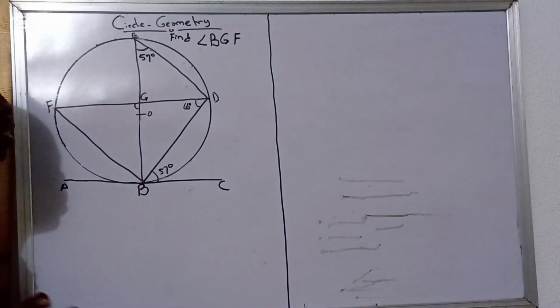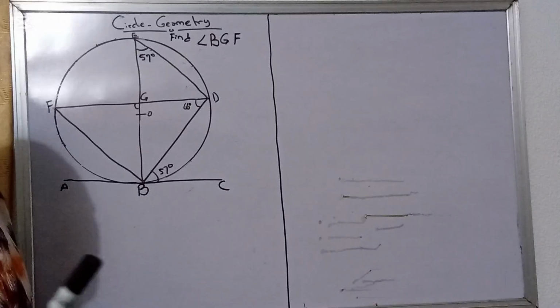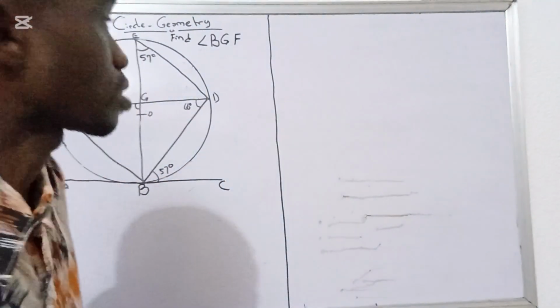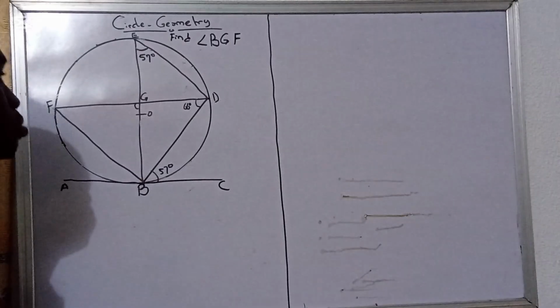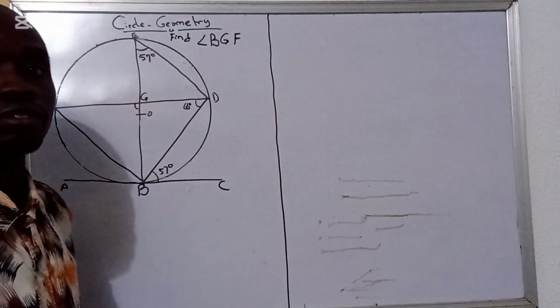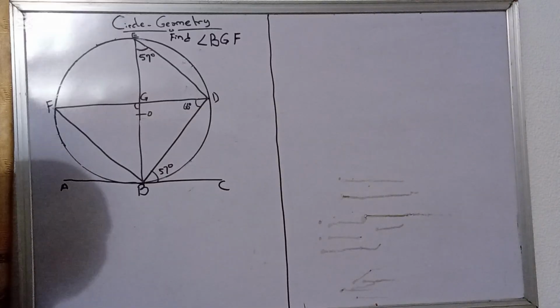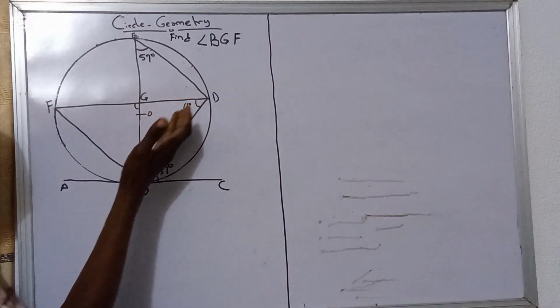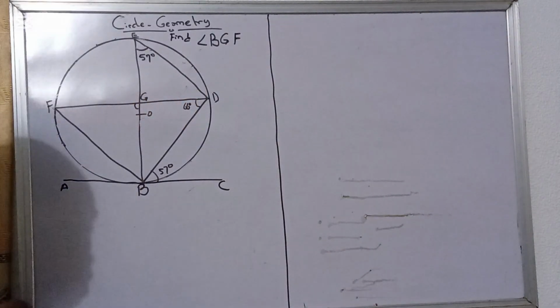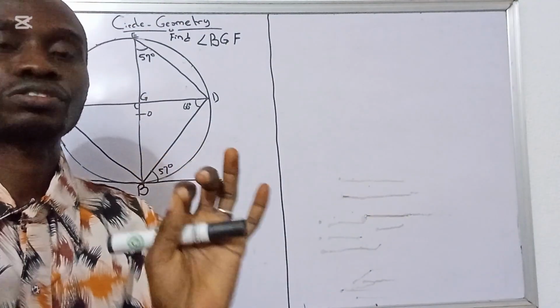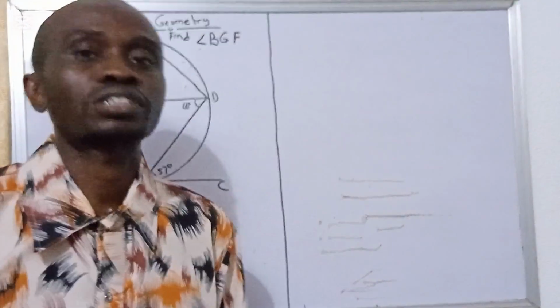I also mentioned that the angle in the semicircle equals 90 degrees. A semicircle is where you have your diameter dividing a circle into two equal halves, or in other cases, you have a right angle inscribed in a circle.